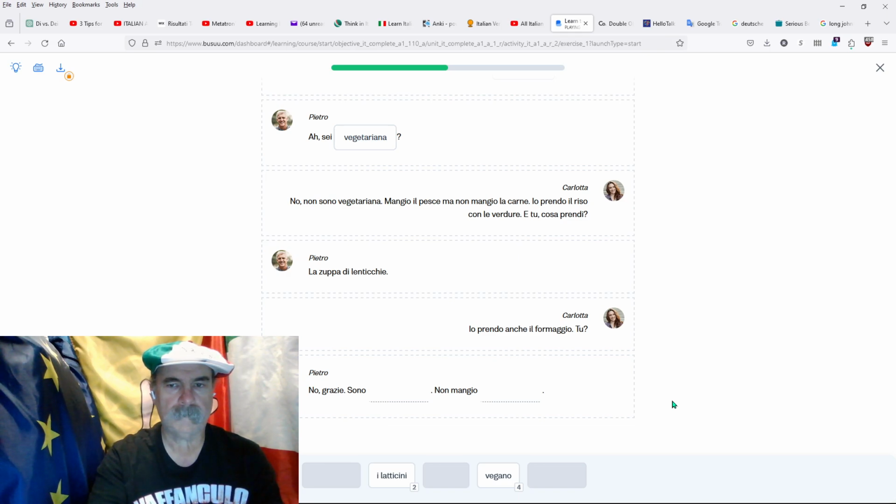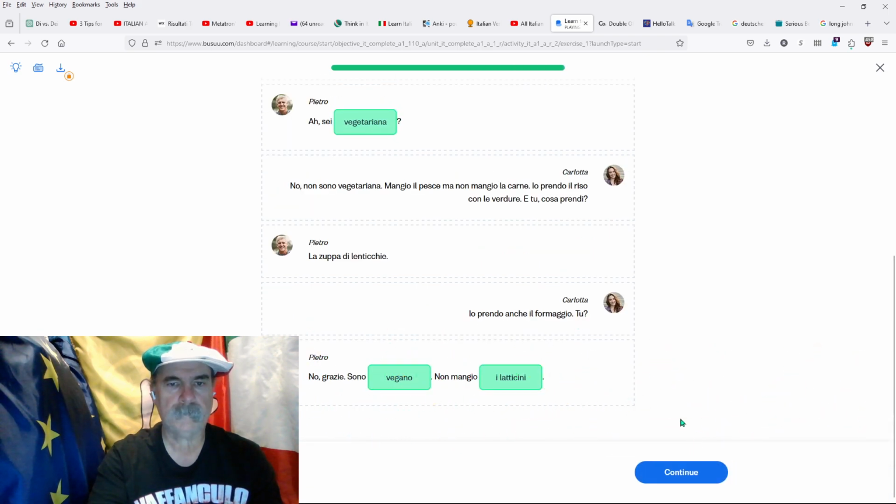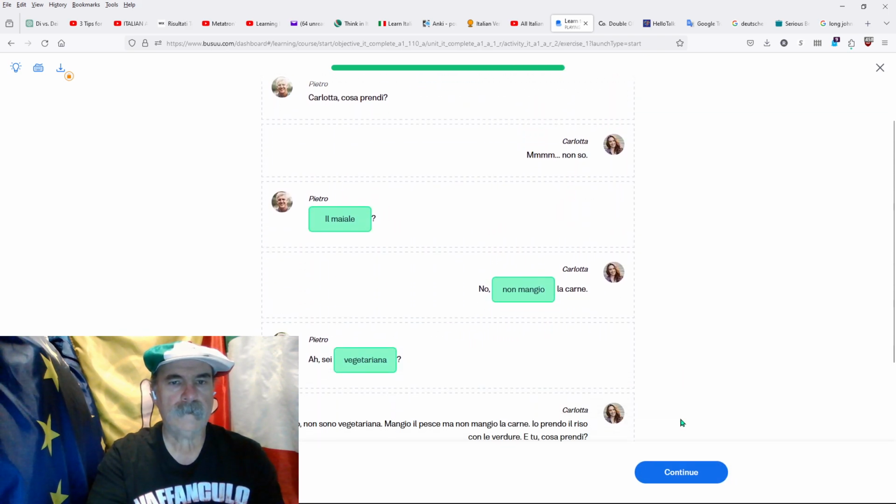E tu cosa prendi? La zuppa di lenticchie. Io prendo anche il formaggio. Tu? No, grazie, sono vegano, non mangio i latticini. Carlotta, cosa prende? Non so. I maiala?